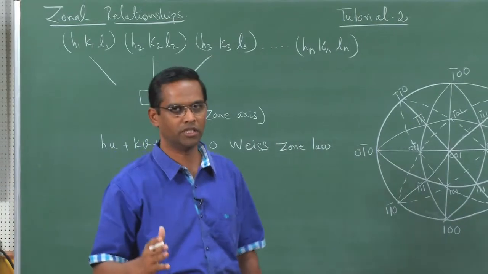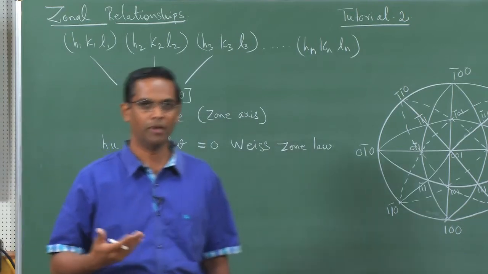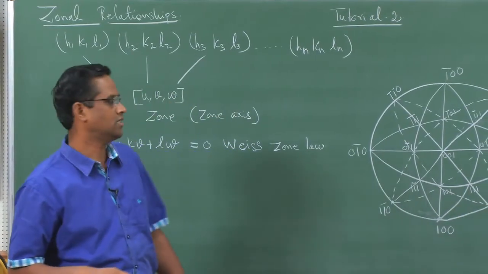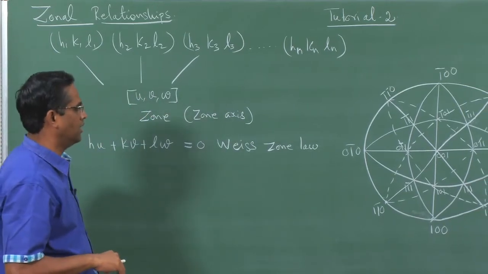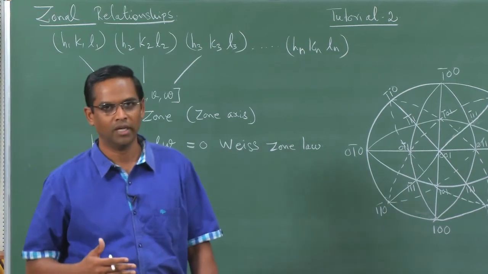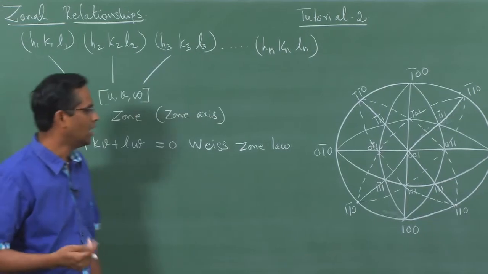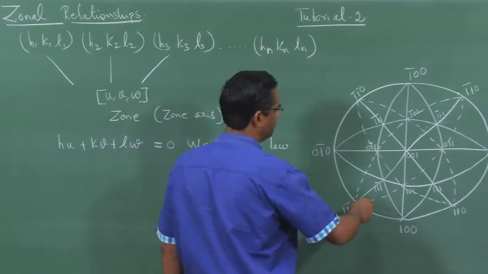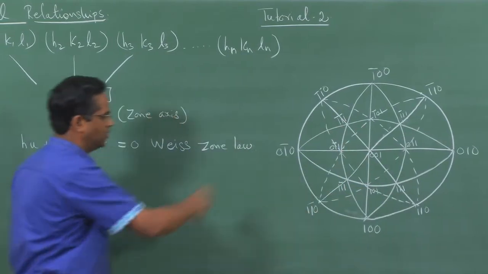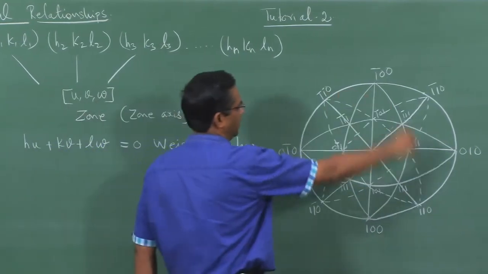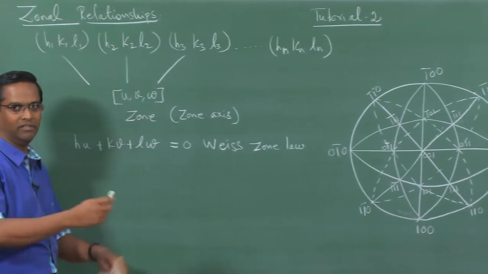Remember, only in the cubic system are all the plane normals perpendicular to the plane itself. That is a very highly symmetrical nature. So, it is very straightforward to get into this kind of analysis compared to other crystal systems. So, you can simply identify for a given zone what kind of poles will fall onto the great circle, or vice versa.